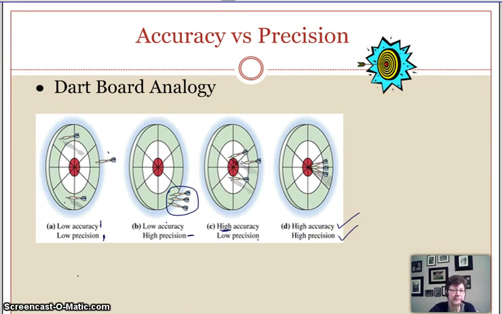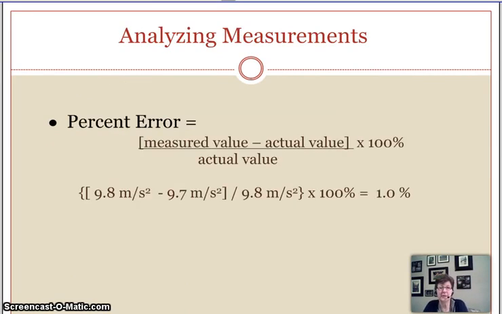Now when we're specifying errors that we get in our labs, and I'll always ask you to do this, we'll have 2 kinds of errors that you might have to come up with a numerical value for. One is percent error. And we use percent error when we are comparing a value we measure to the actual value. So for instance, for the acceleration due to gravity, we know that actual value is 9.8 meters per second squared.